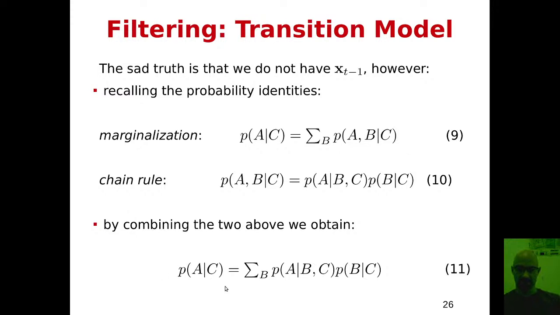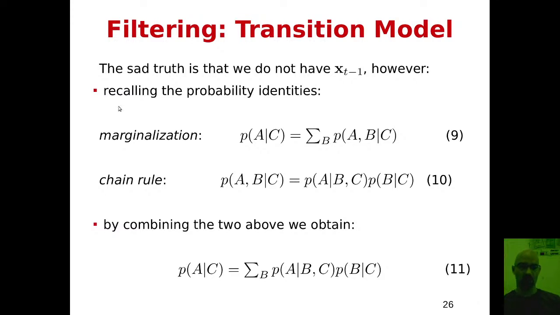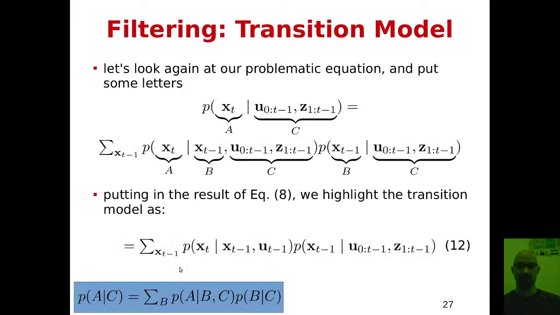So having this equation at hand, we go back to our unknown distribution and we try to identify the elements. And in this case, the identification is quite easy because A is whatever is on the left of the bar and C is whatever is on the right of the bar.